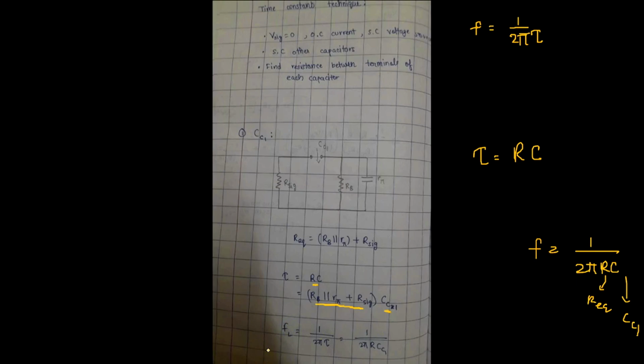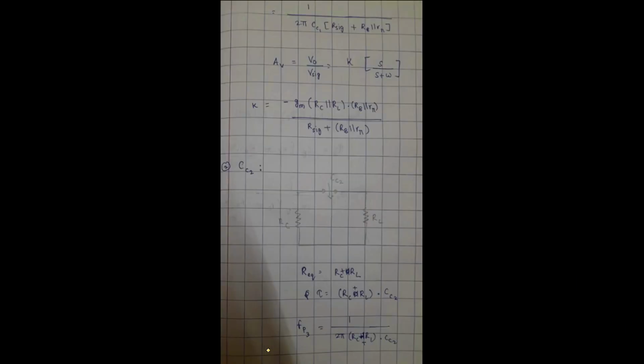To find the actual voltage gain, you will have to multiply it with k into s divided by s plus omega. The value of k is fixed, and you'll have to remember that if you are using this method to derive lower frequency values.